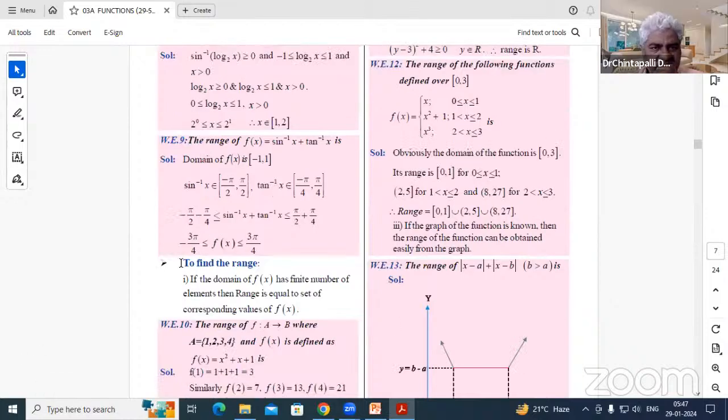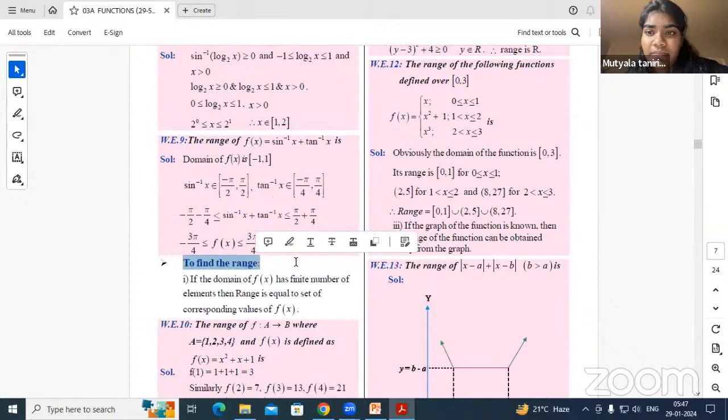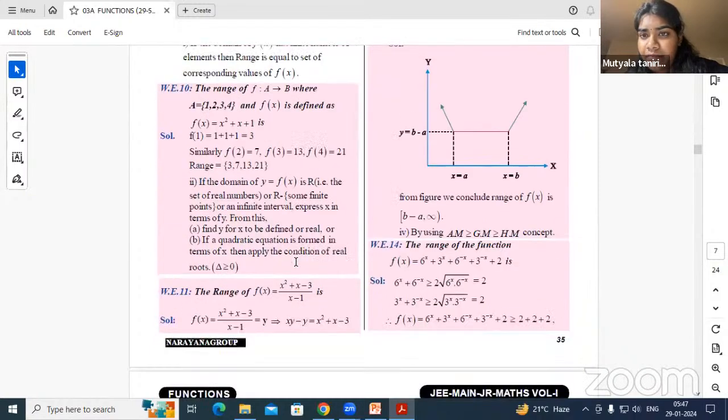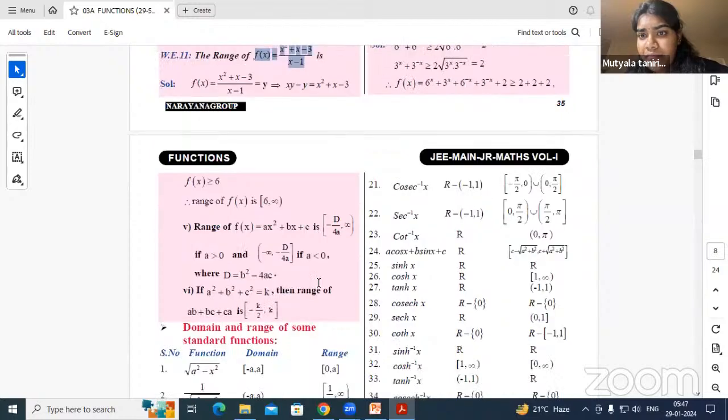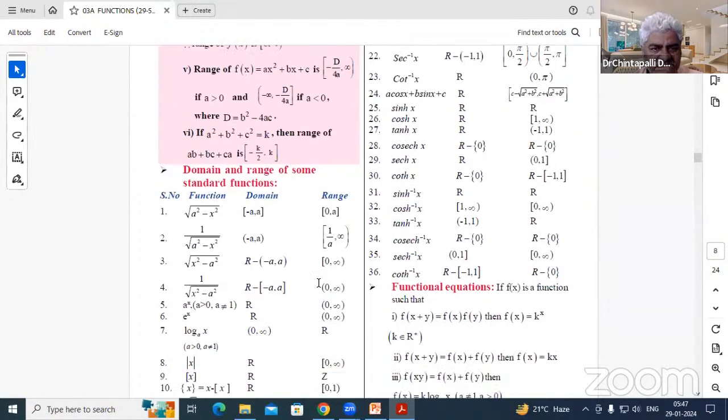See, can you see how to find the range? Yes. Yeah, you asked about the range of this type of functions once. Range of domain. Yeah, these are about domains.